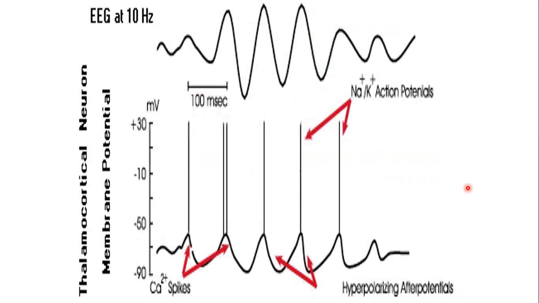What is this? This is an EEG up here. This is the EEG at 10 hertz. So we obviously have an alpha rhythm here. So this is what an EEG at 10 hertz might look like. And down here are the inputs from the thalamus.